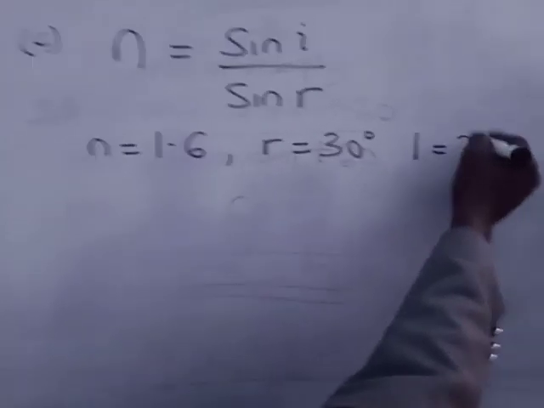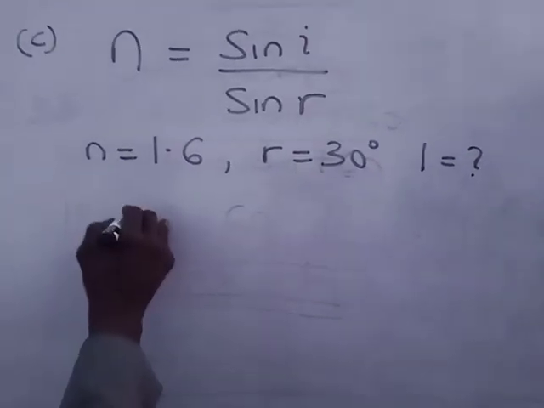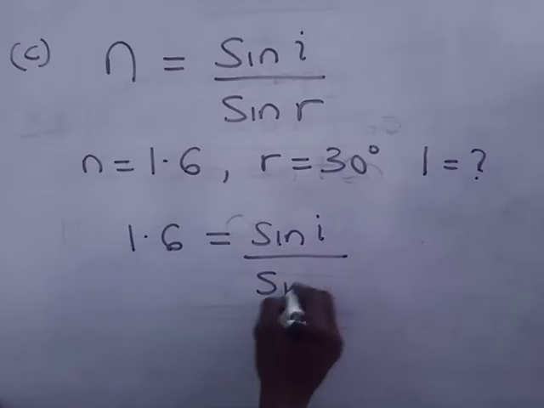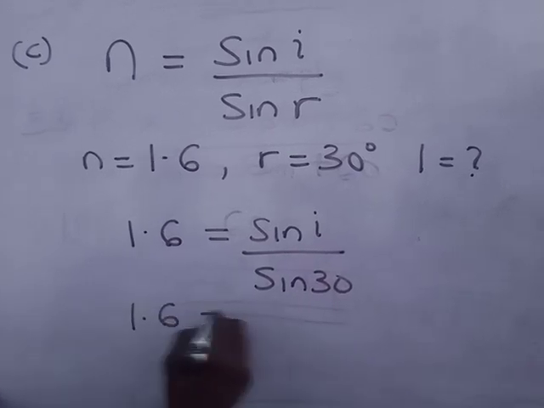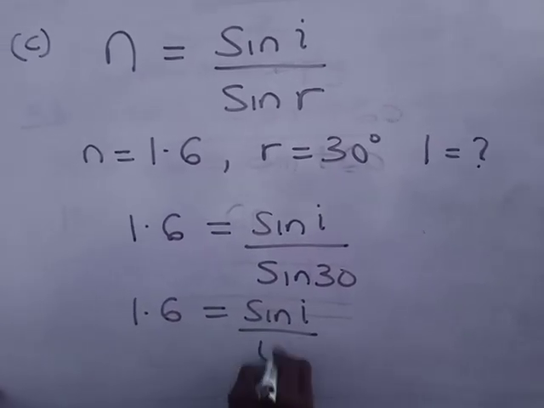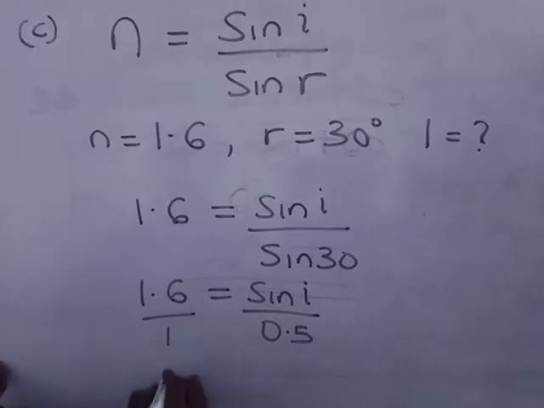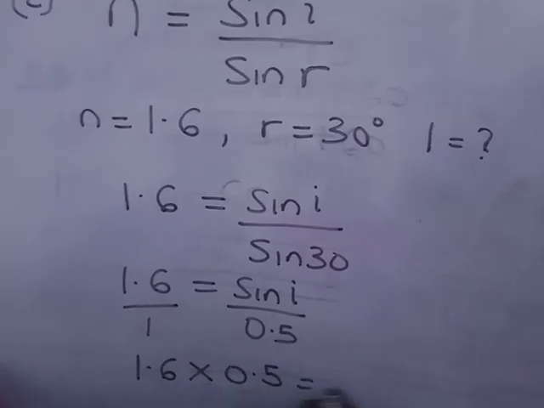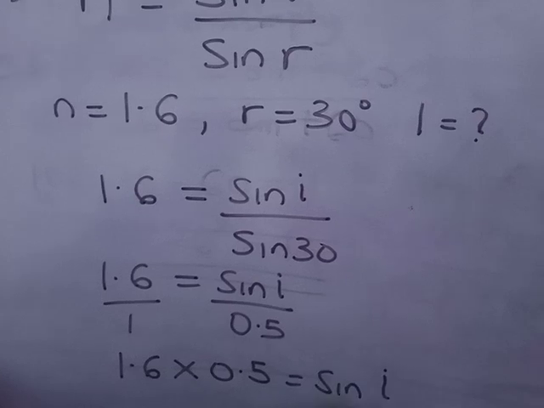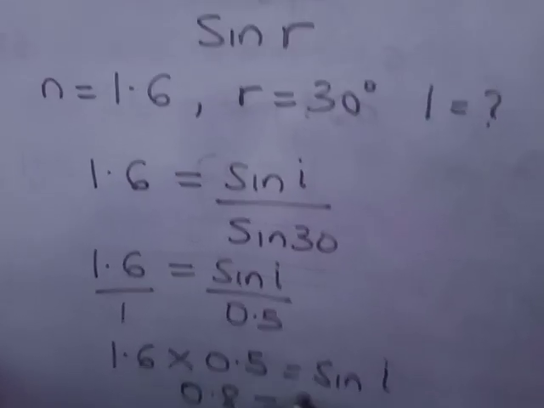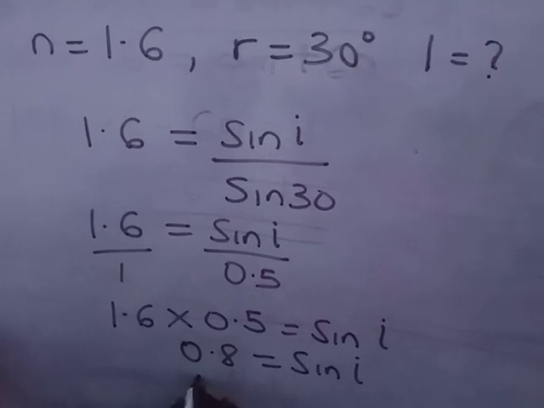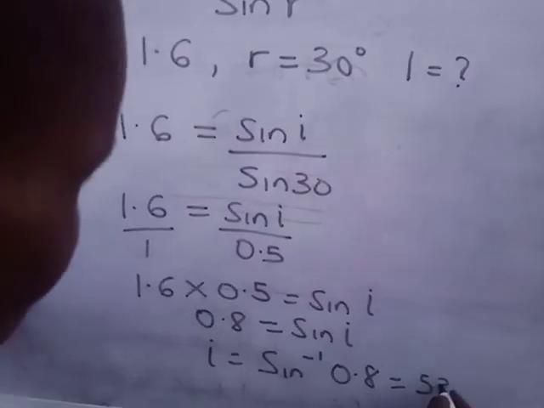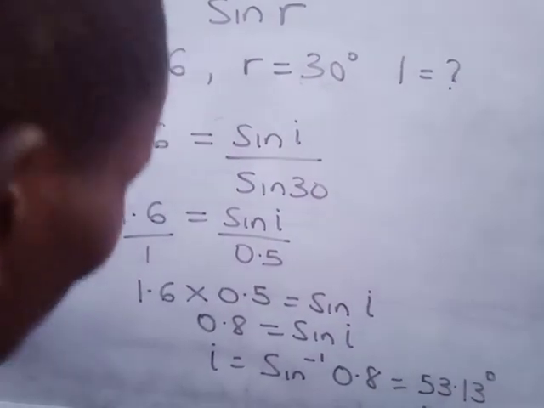We don't know I. So 1.6 will be sine I all over sine 30. So 1.6 will be sine I over 0.5. Therefore, we cross multiply. So 1.6 multiplied by 0.5 will be sine I. So 0.8 will be sine I. So I will be arc sine 0.8, and that is 53.13 degrees.